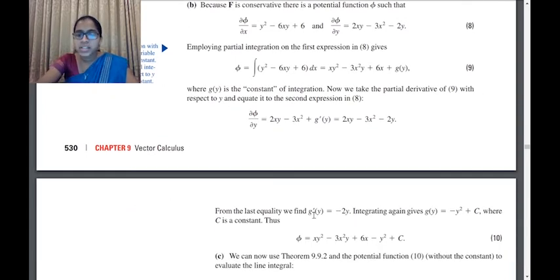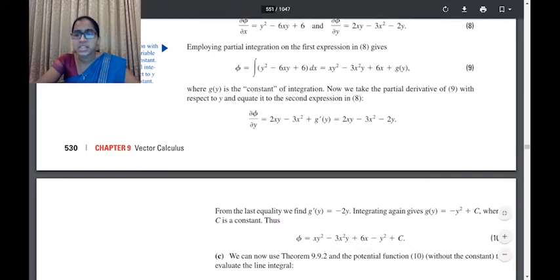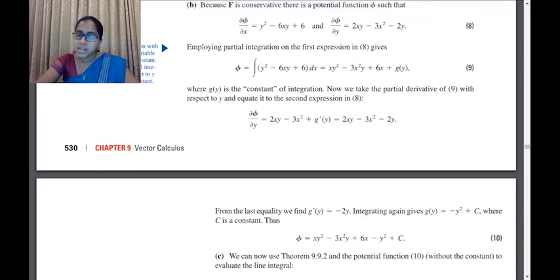Now from this we can easily obtain g(y). How can we obtain it? We have to integrate this. Integrating this expression, g(y) will be −2y, integration is y²/2, so the 2 and 2 get cancelled. So we get −y² + c, where c is the integrating constant.